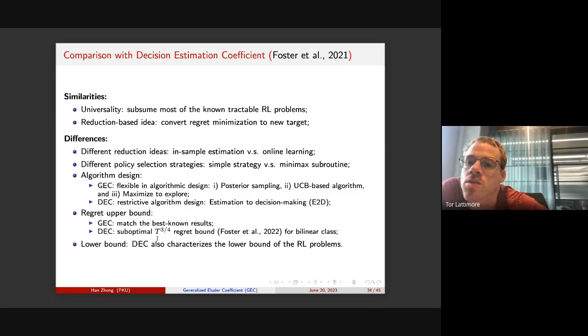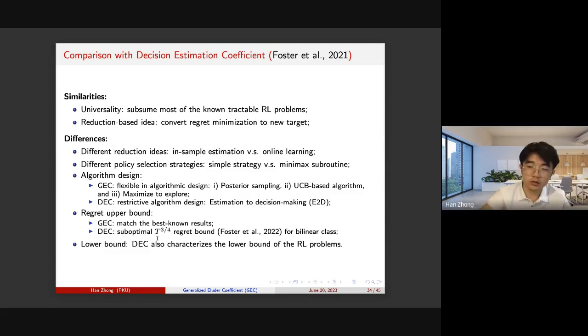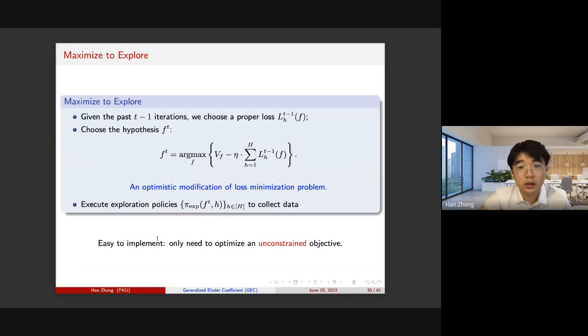And there's a question from Rada asking if you can provide more information on your maximize-to-explore algorithm. Okay. So basically you can just regard this as TD learning. If we ignore this VF, then this is minimizing the TD loss.